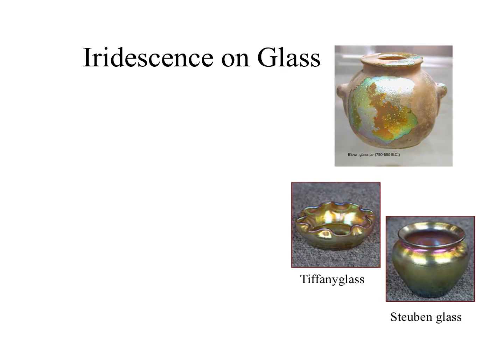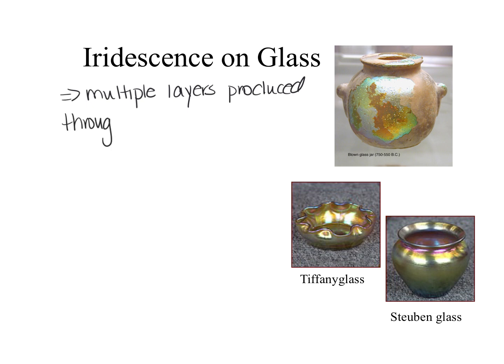Other specialty glass are things that you'll see as iridescence on glass. You get this when you have multiple layers of glass. And there's a couple ways this can happen. This can be produced through weathering and corrosion.